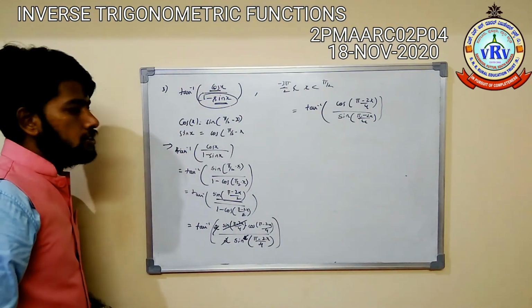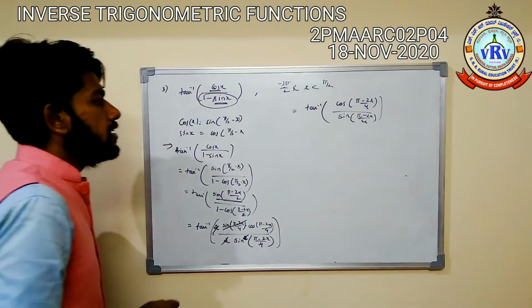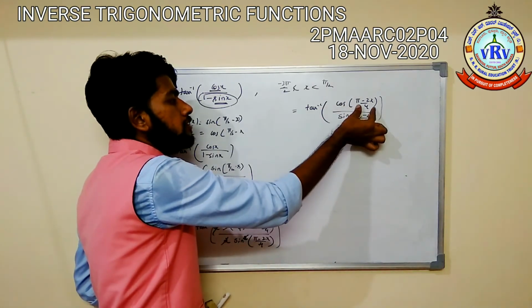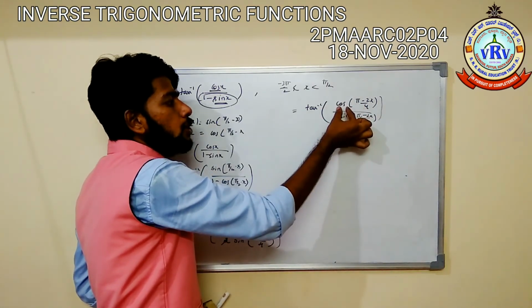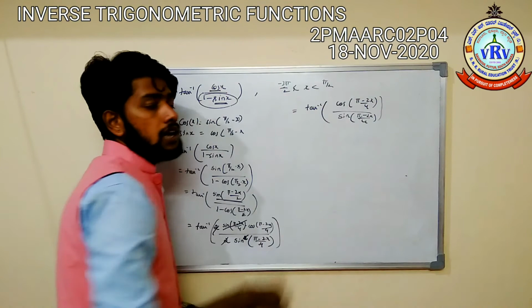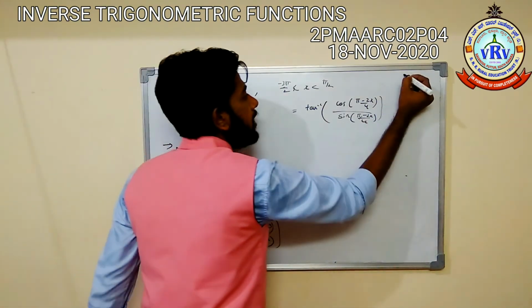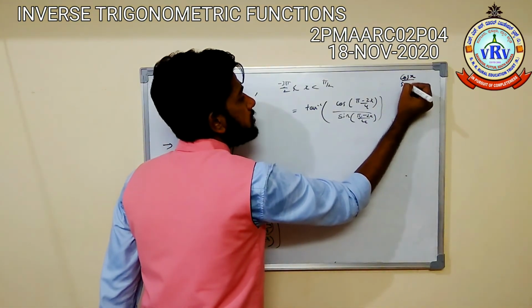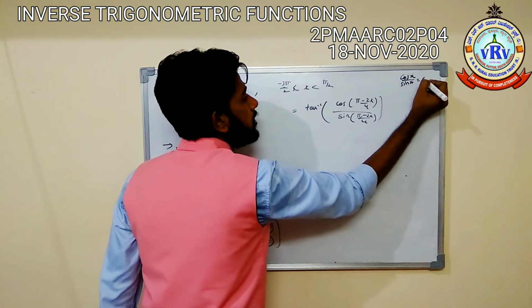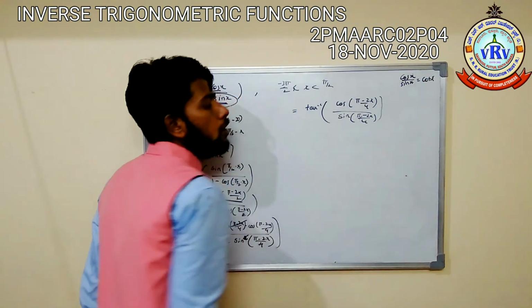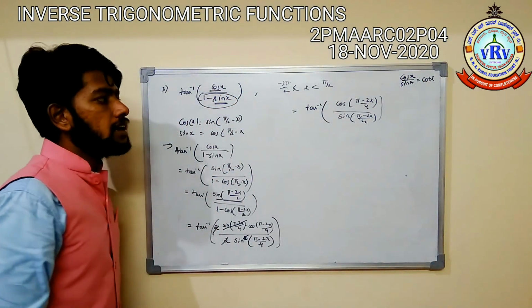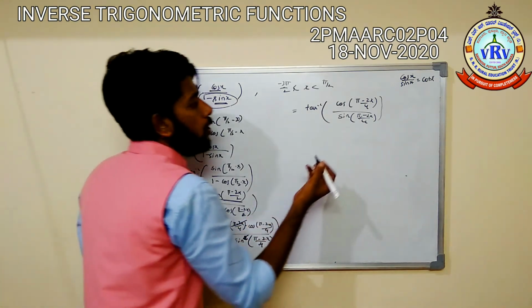So now you can think of it. Here the element in the cos function and in the sine function are the same. If the elements of the cos function and sin function are the same, then you can write it as a cot function. So cos x by sin x is equal to cot x.